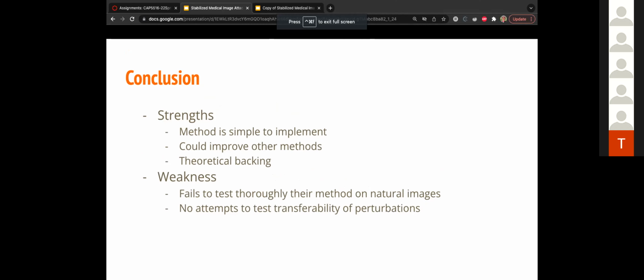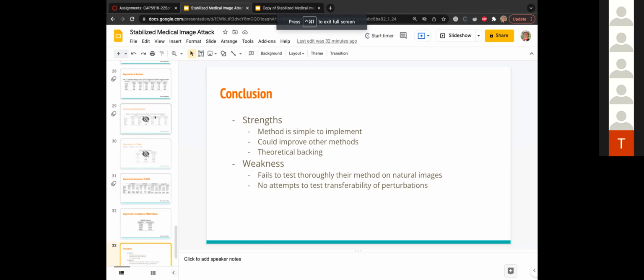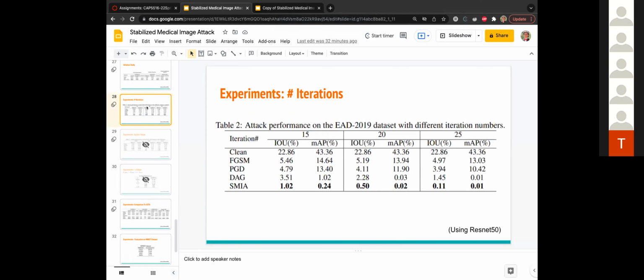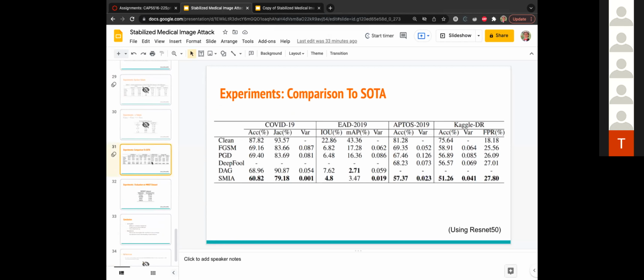So I was wondering, in their experiment, they show these different attacking algorithms, right? FSGM, DAG, and their stabilization method. Are they also using Gaussian smoothing to process the image and then testing how successful their attack method is?